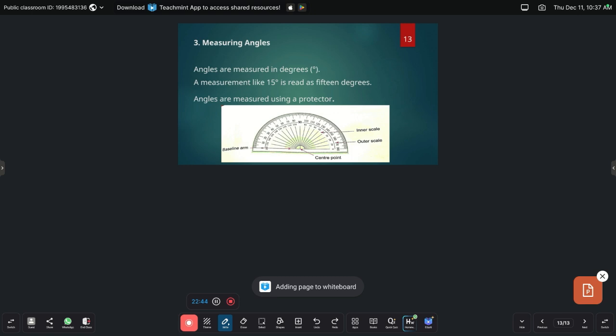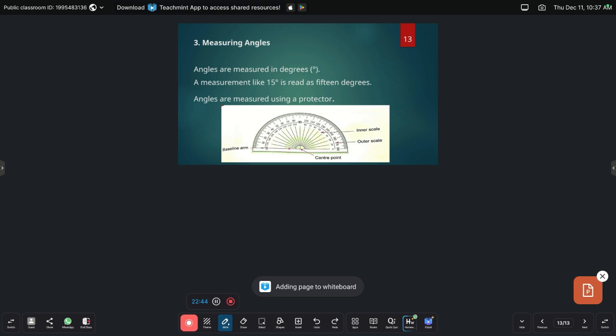Okay, boys? So this angle can be measured using a protractor. Here is the protractor. First of all, you need to know some points regarding the protractor. The first point is, this protractor is in your geometry box. It's a semicircle, you can say, and it has 2 readings.